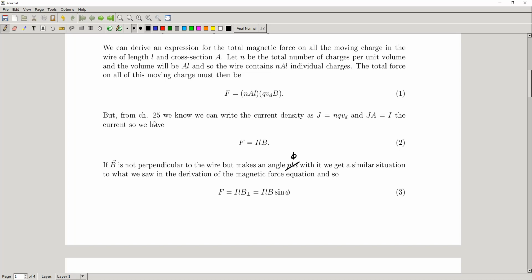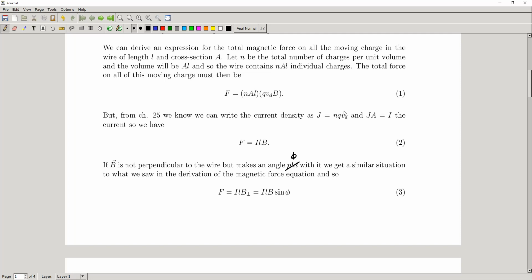So if we remember back from chapter 25, we can write our current density in terms of the number of charges per unit volume times the charge of each of those charges times the velocity, because that's how much a volume is being moved down the wire, right?